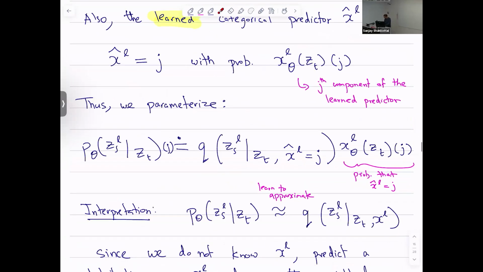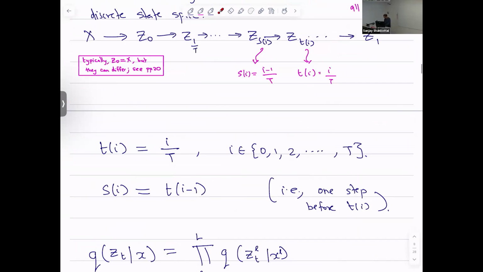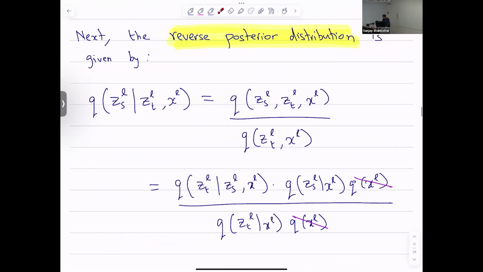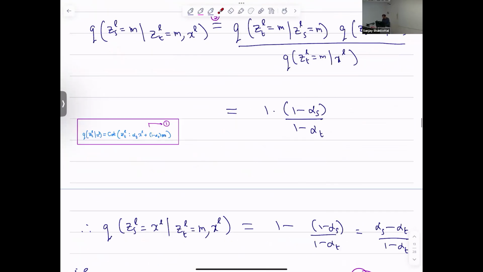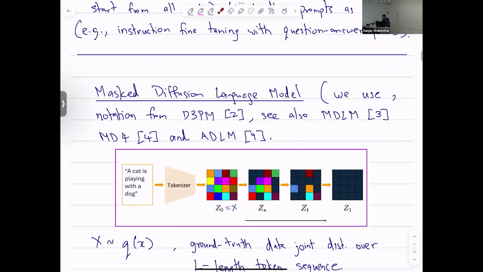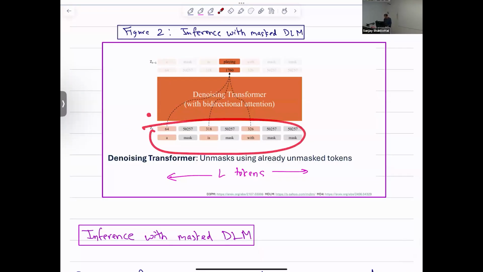Remember the illustration? Zt is, let me see, where is this? Yeah. So this is Zt. You go to t minus 1, which is s.